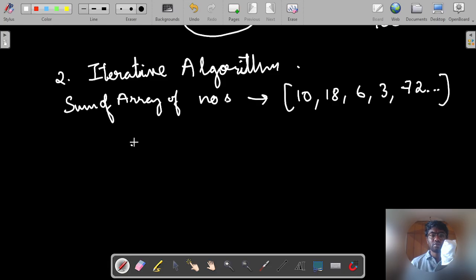We can use for loops, while, or do while, or any iterative construct, right? So we write a for loop, we iterate through each number and sum it with a result or a sum variable, and then we keep adding it to the sum variable and finally we return it, right? So that's an example of a simple iterative algorithm.